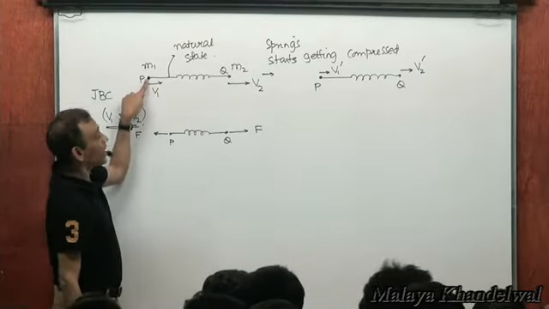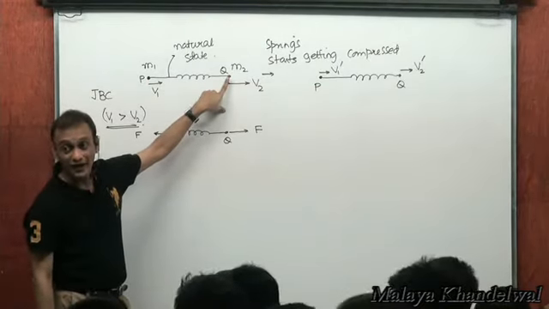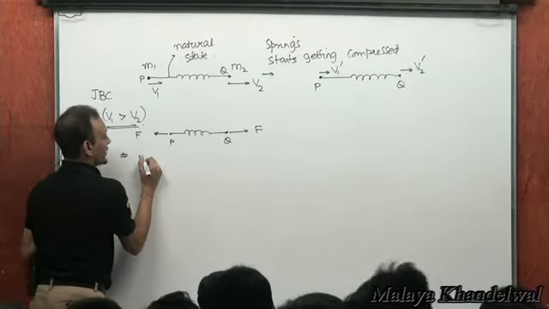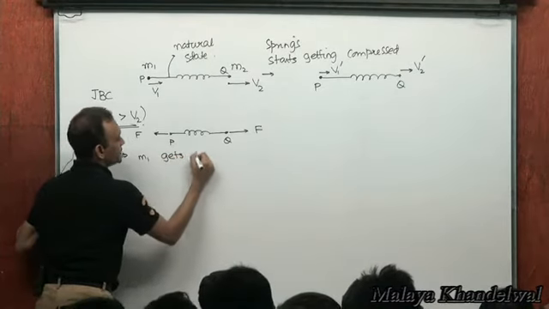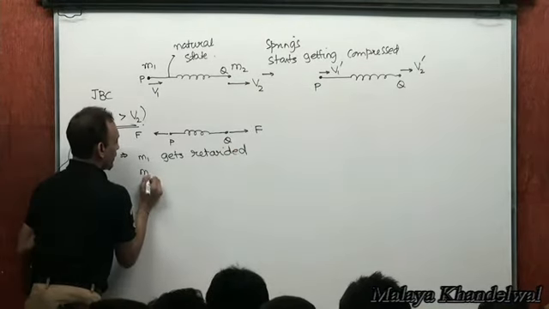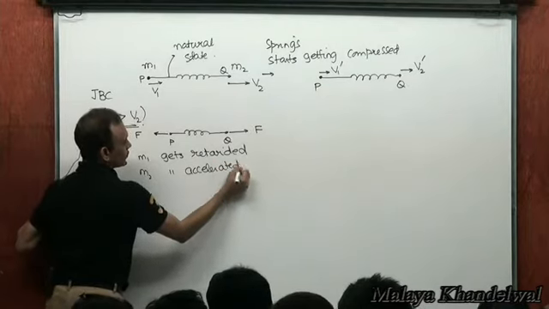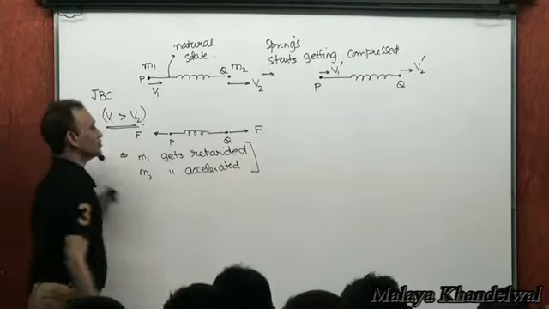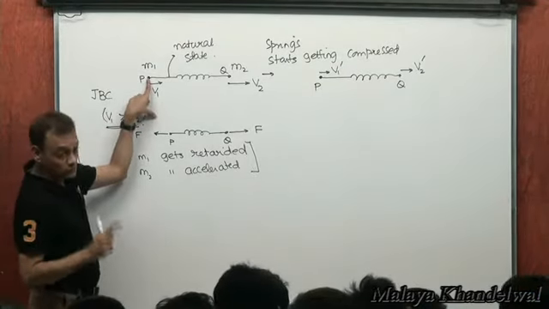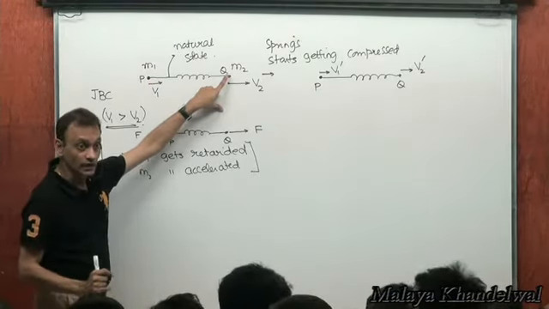It will retard m1, it will accelerate m2, right? So m1 gets retarded, m2 gets accelerated. So the velocity of this particle decreases, the velocity of this particle increases, right?